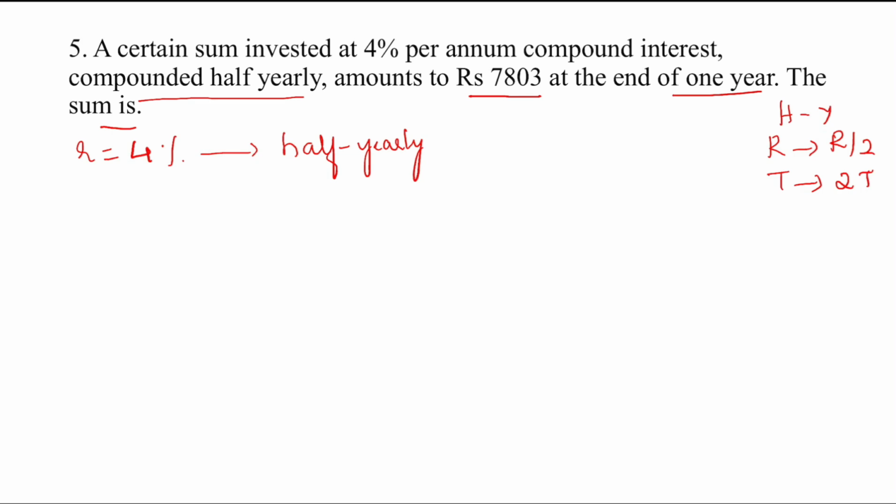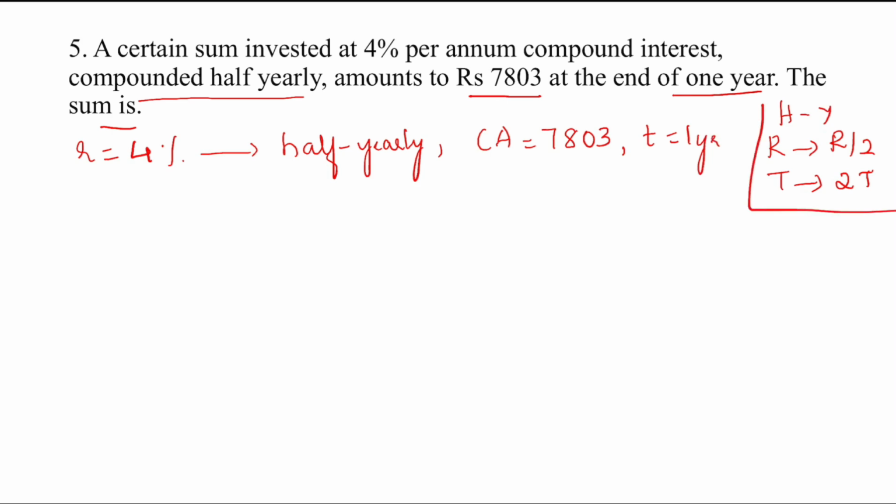So it is compounded half yearly. Then it amounts to 7,803 they are saying. So the compound amount is given, 7,803. And time is at the end of 1 year. So time is 1 year.